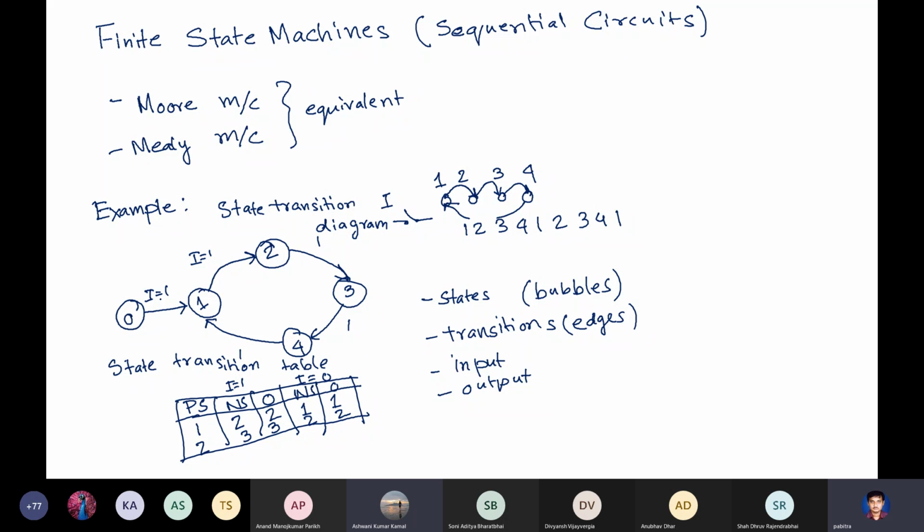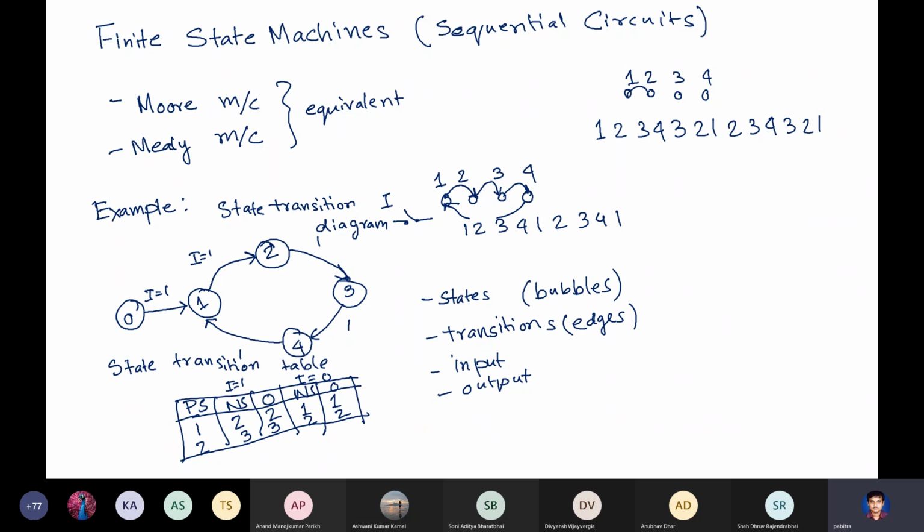Okay, very good. So as it turns out, this is a very simple task, but you can have other tasks also. For example, suppose I have a blinking LED which is like this. If I number this 1, 2, 3, and 4, the sequence would be 1, 2, 3, 4, then 3, 2, 1, then again 2, 3, 4, 3, 2, 1.